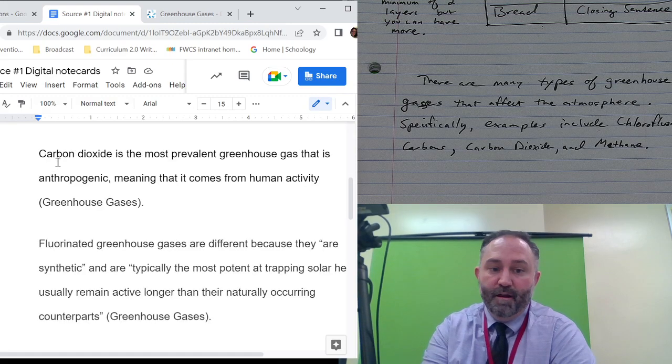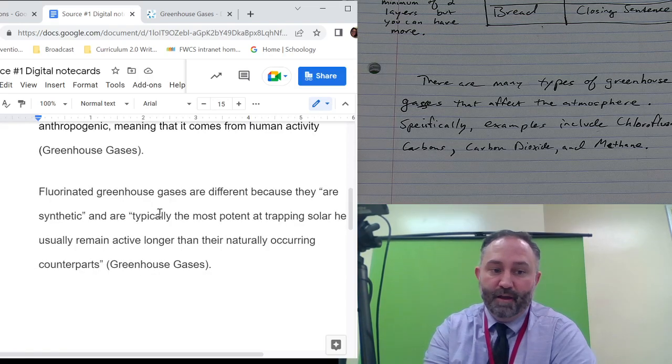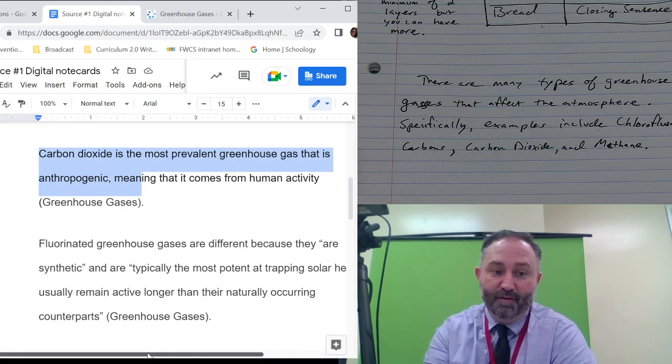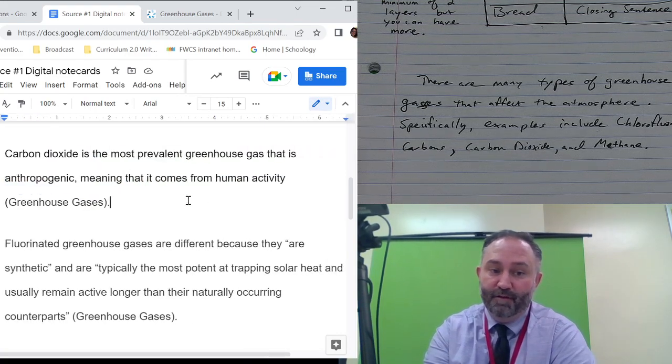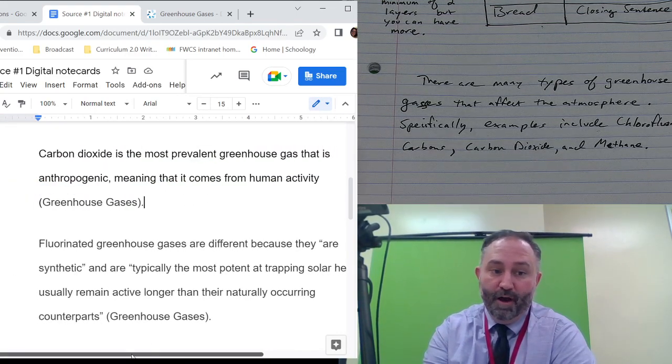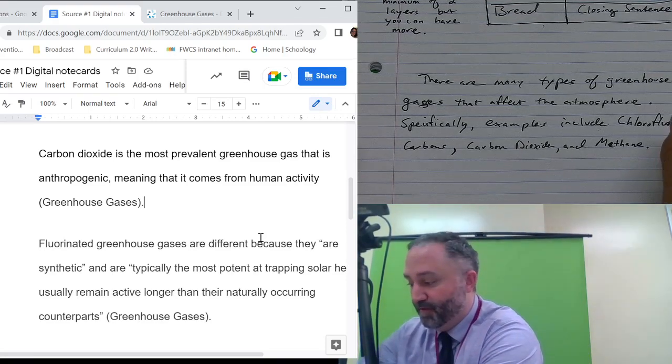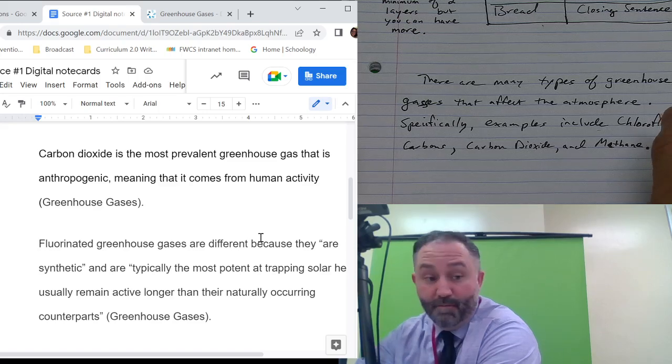So carbon dioxide is the most prevalent greenhouse gas that is anthropogenic. I actually think that's probably the most important thing I should say next. And notice I've already paraphrased this into my own words. So I'm going to go ahead and literally write that sentence exactly as I already wrote it in my paraphrased version.